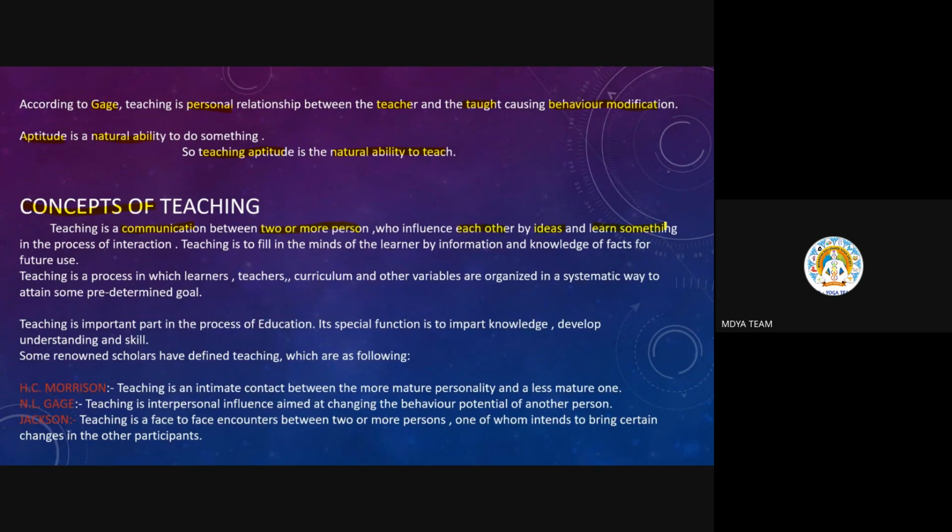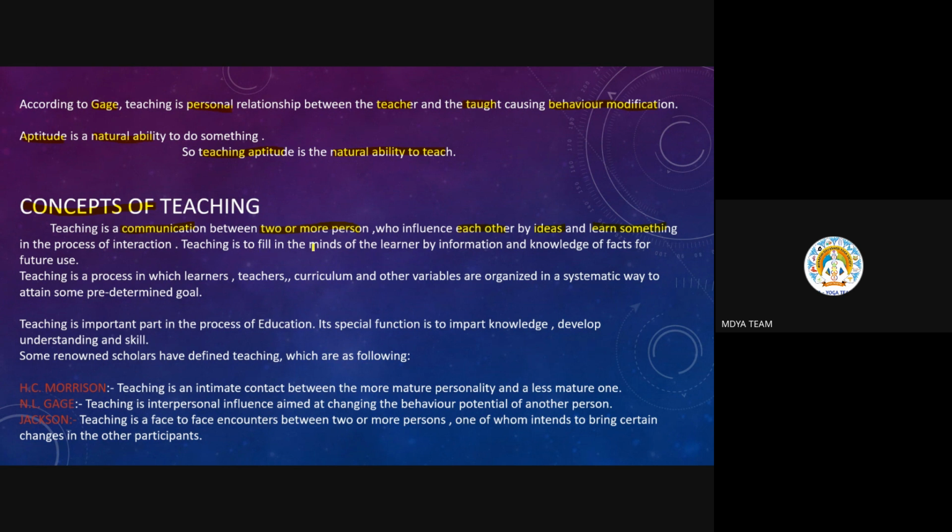They both learn in the process of teaching, the teacher as well as the learner. While interacting, they learn something; there is a changing of behavior, changing of knowledge, anything.